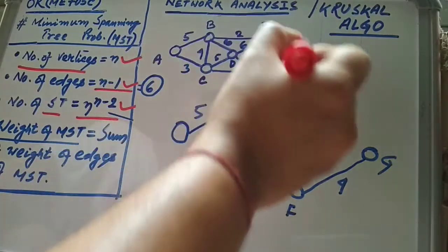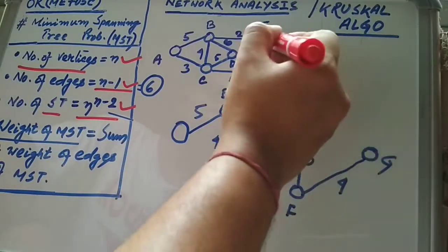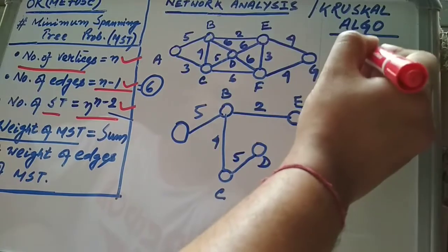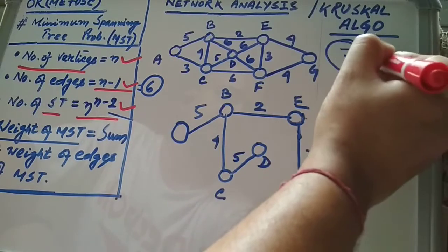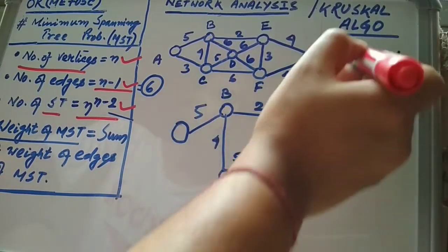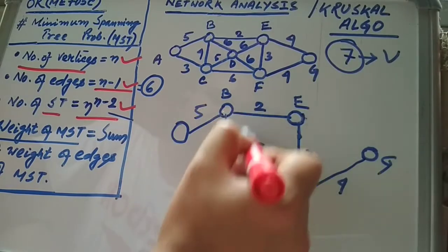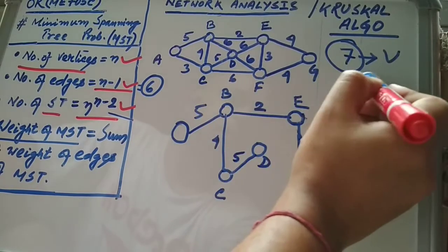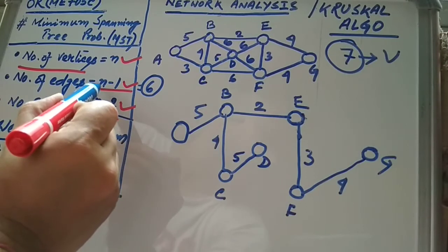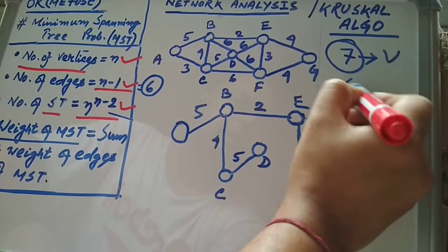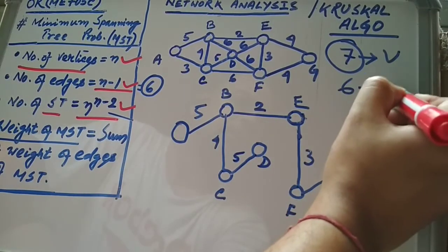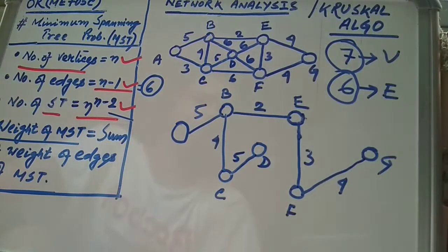Now we have 7 vertices, say V, so the number of edges, by the formula n minus 1, is 6. We have to construct 6 edges.